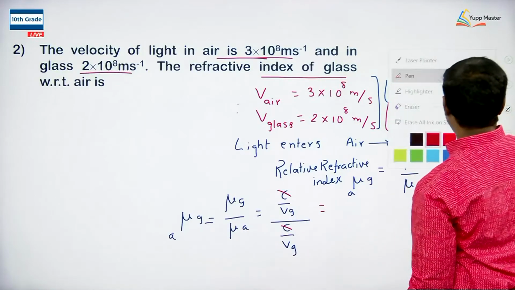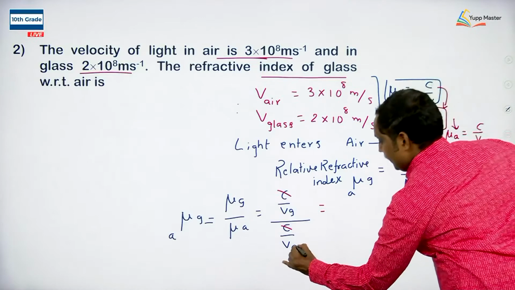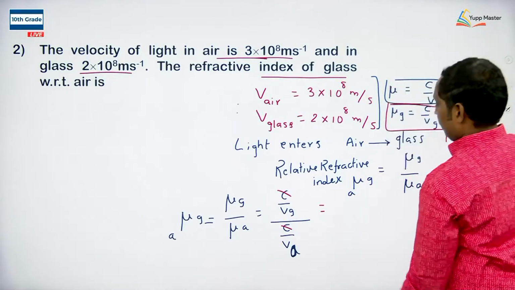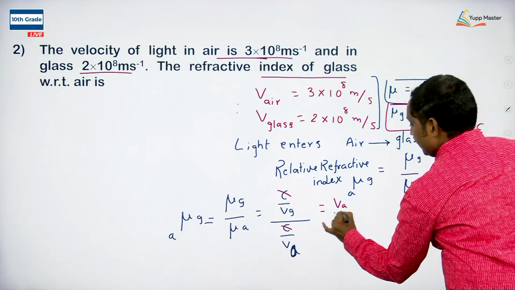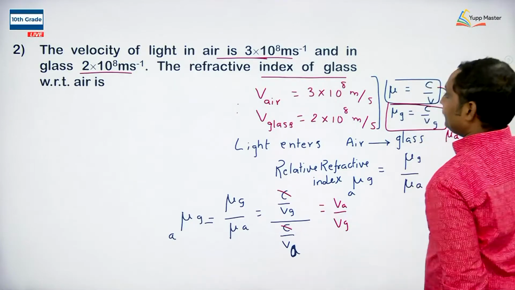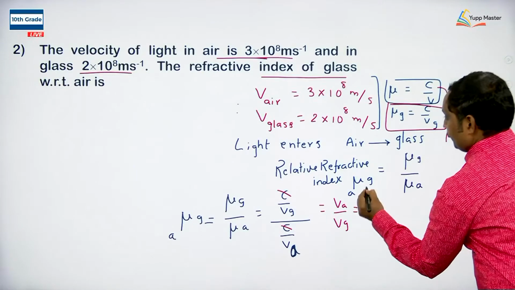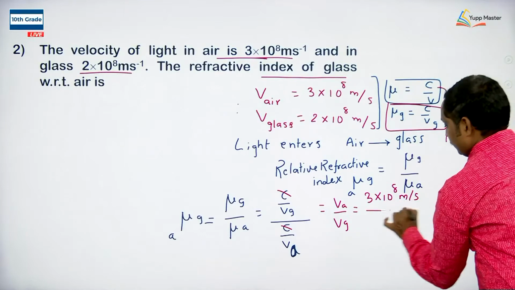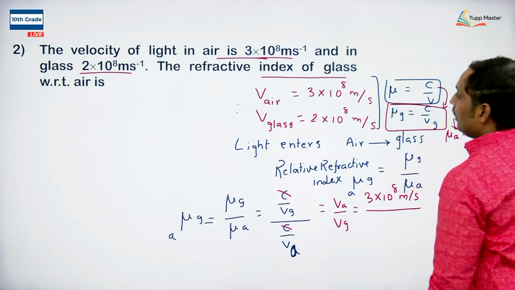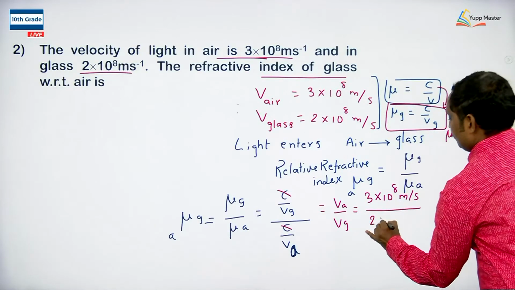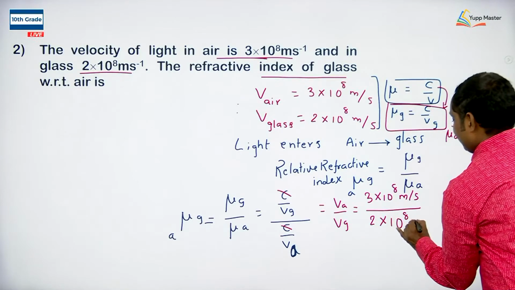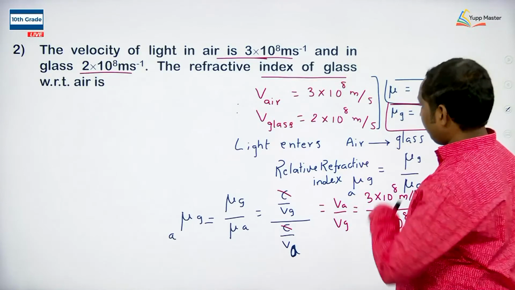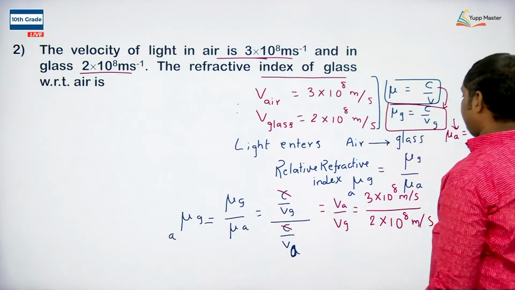You will get Va by Vg, that is equal to 3 into 10 power 8 meter per second whole divided by 2 into 10 power 8 meter per second.